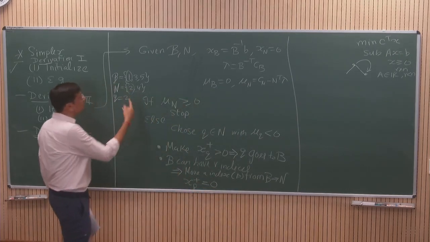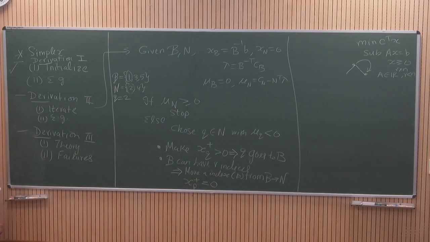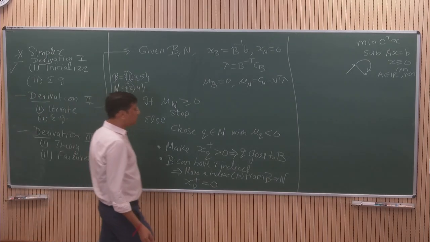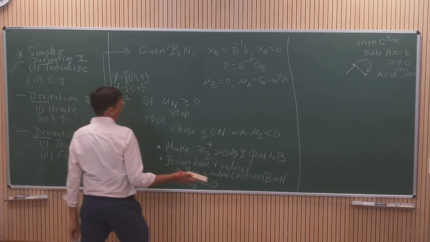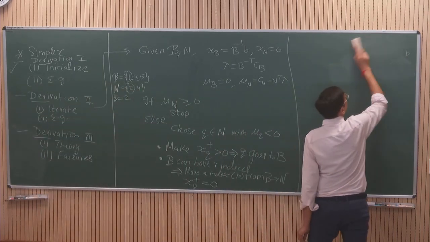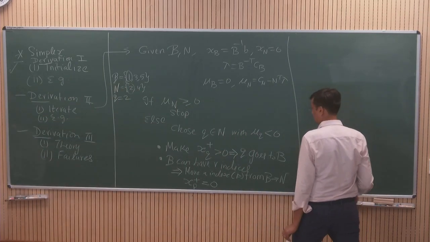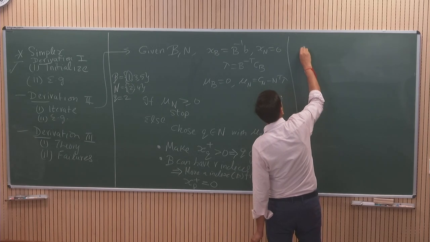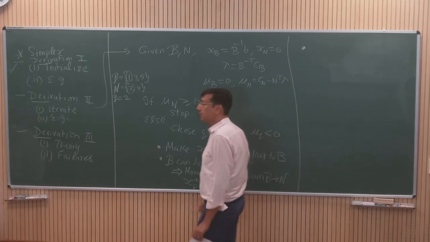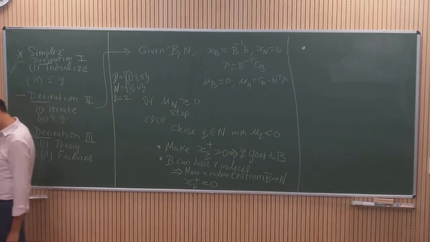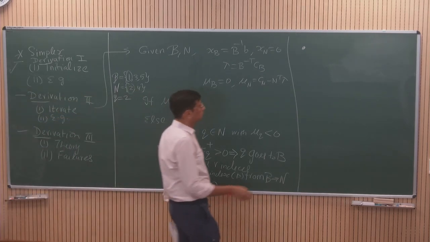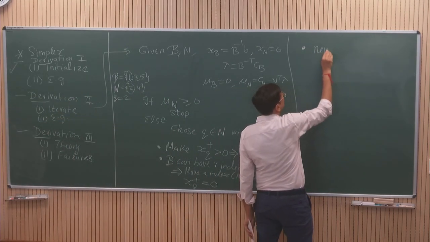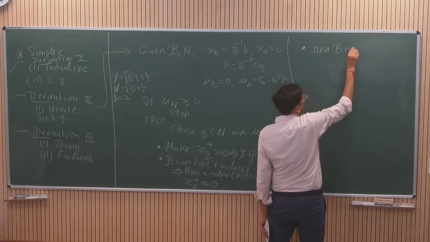Because in the n set both the components have to be 0. The complement of the B set has to be 0, right? Then what else would you need? What else would you need? The new B is non-singular.